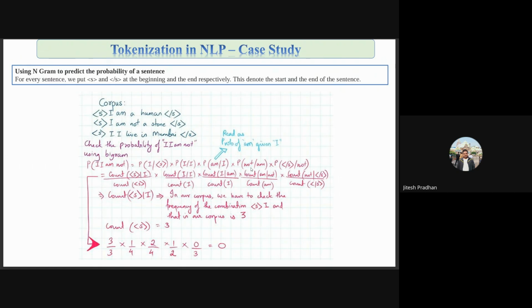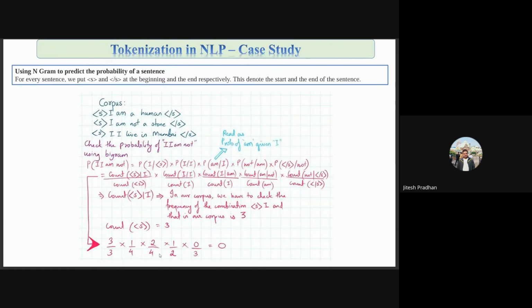At last, it is am not. The pair count of am not is 1, divided by the total count of am, which is 2. So it will be 1 by 2. At last, not and the stop symbol. Look here, there is no not and stop symbol bigram, so the count is simply 0, divided by the total count of stop symbols, which is 3.